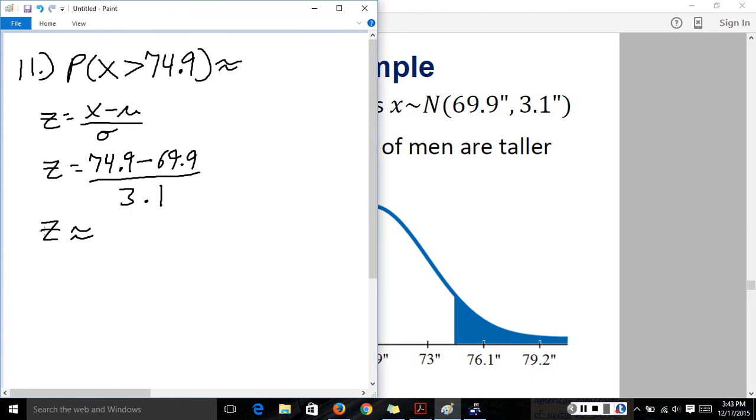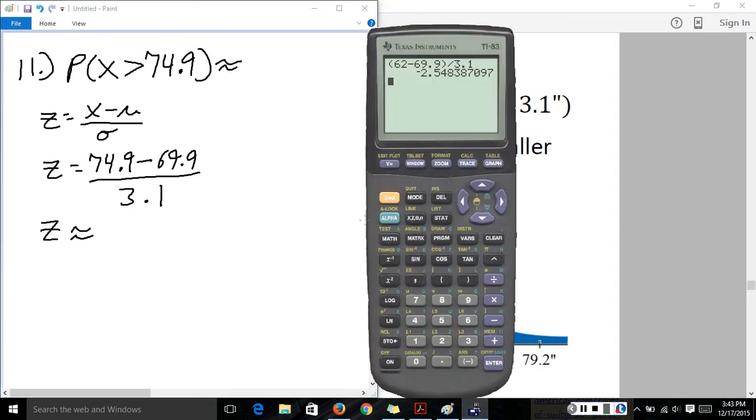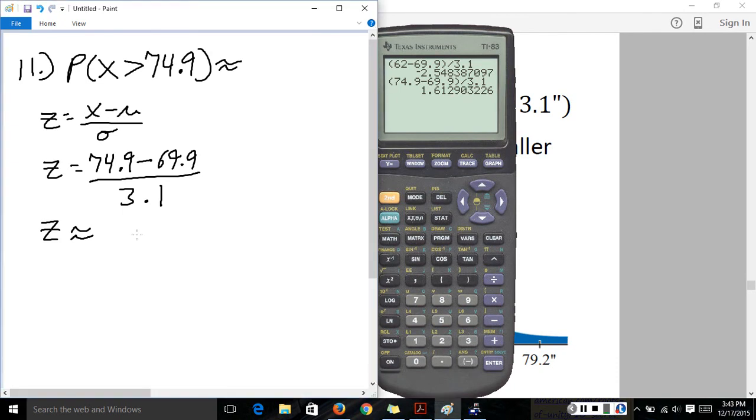And we'll round that to 2 places. So my answer is approximately 1.61. Again, this is not my final answer, but it is an answer that will help me get to my answer.